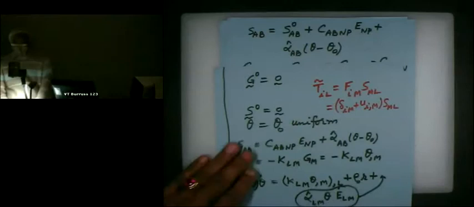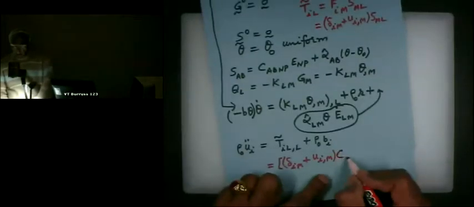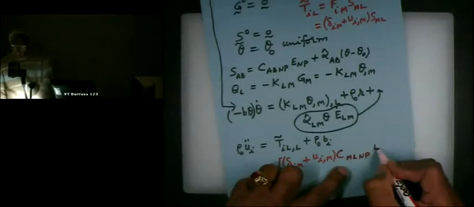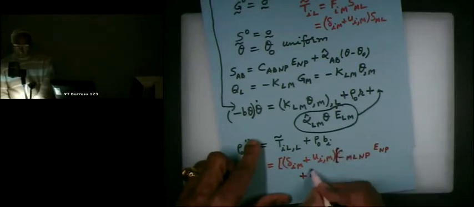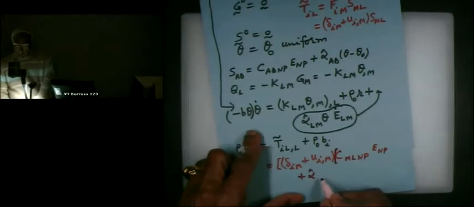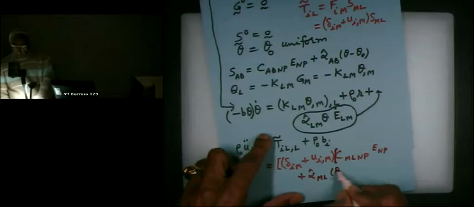So it's C_MLNP times E_NP plus alpha hat_ML (theta minus theta_0).